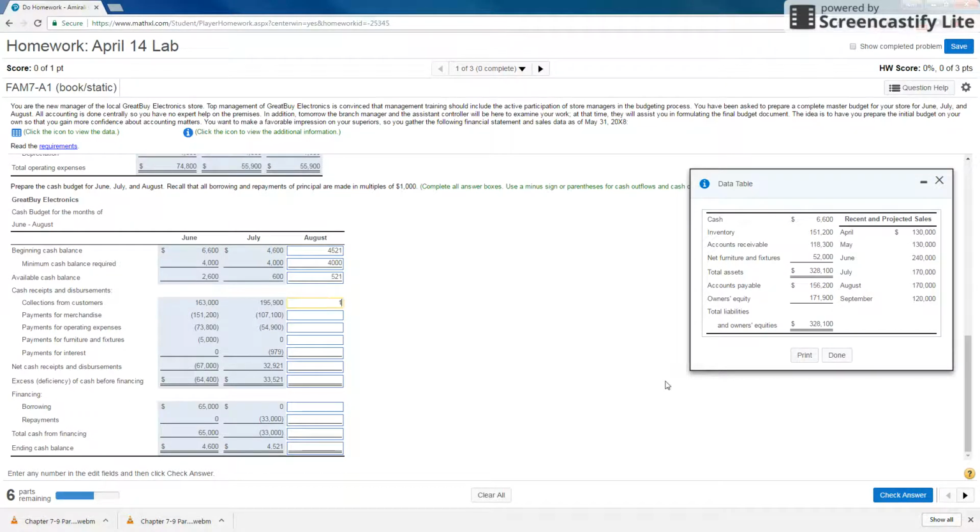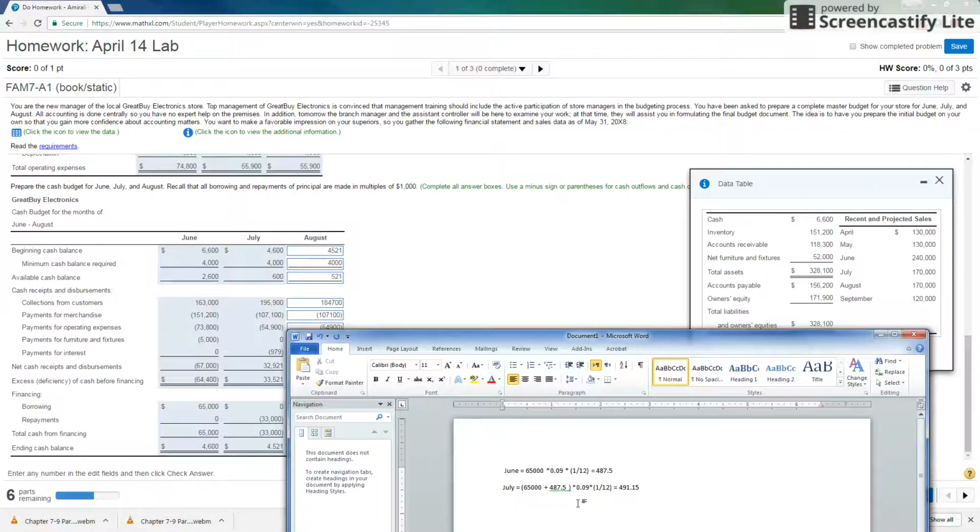If you have trouble finding the numbers, let's go back to the previous video where we calculate the first column. 700, 900, 0, and now we have to calculate the interest rate.